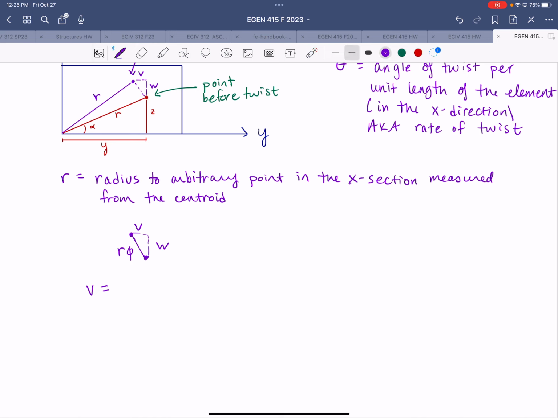So the change in Y, which is V, that's our delta Y, is going to be negative R phi times sine of alpha.